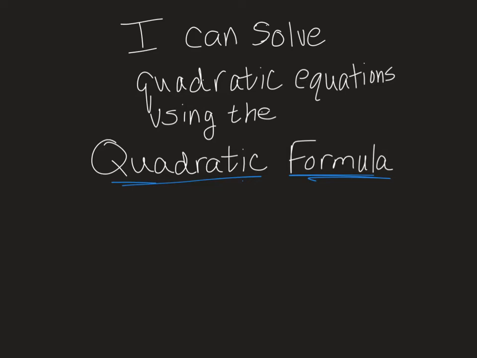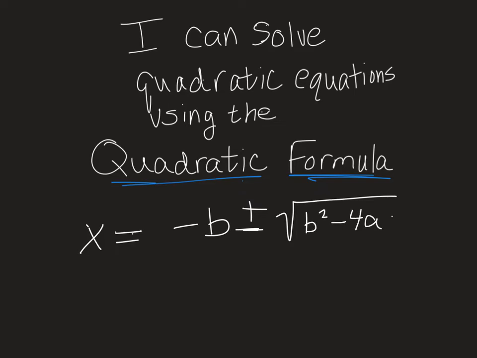And that formula is x equals, because you're trying to figure out the value for x when you get done with this, negative b, or I really prefer opposite b instead of saying negative b, although most people say negative b, plus or minus the square root of b squared minus 4ac, and all of that is divided by 2a.